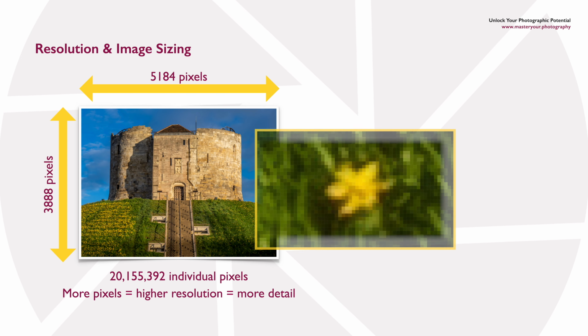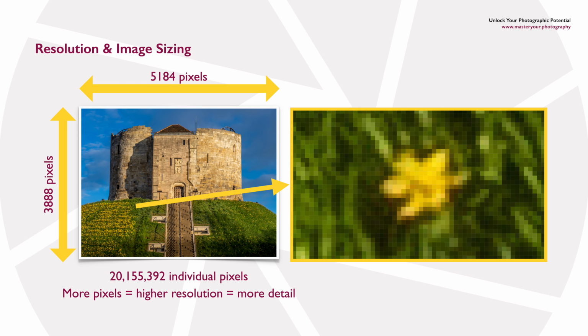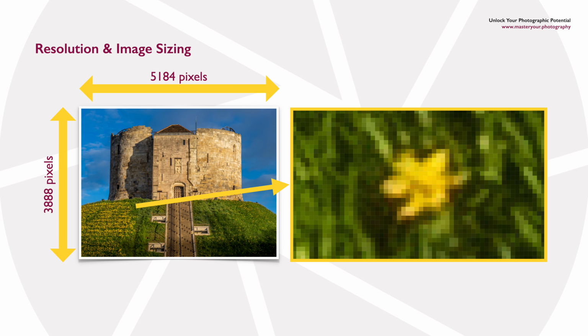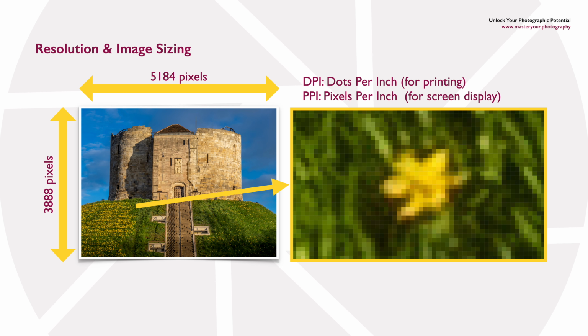So if we enlarge just a really small portion of this image, one of those daffodils, you can see that it's made up of individually coloured pixels. So the image overall contains over 20 million of them, and every one has a unique colour assigned to it. And because we don't view it this closely, we see the overall image and we see detail.